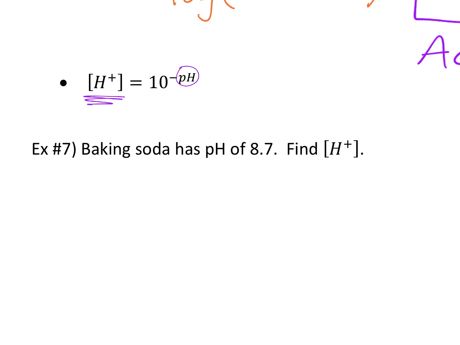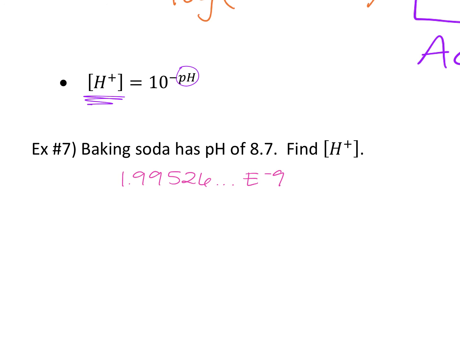Anyone think they know it? Did you get something like this in your calculator? Would it be 2 times 10 to the negative 9th power? Yes. We usually round to the nearest tenth when doing scientific notation.